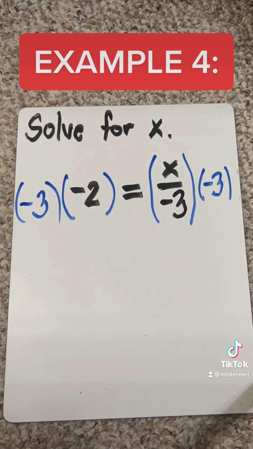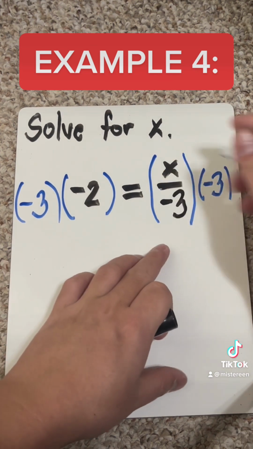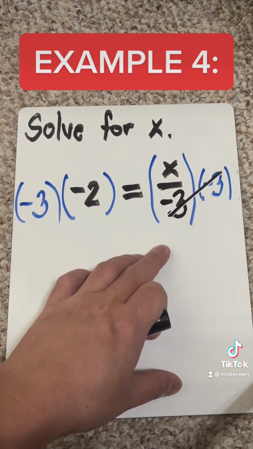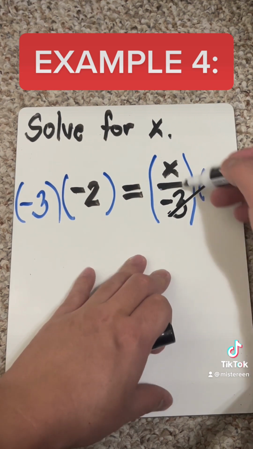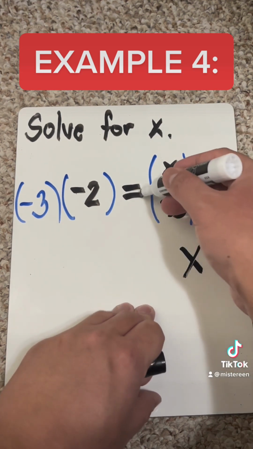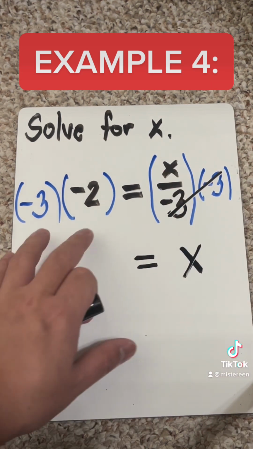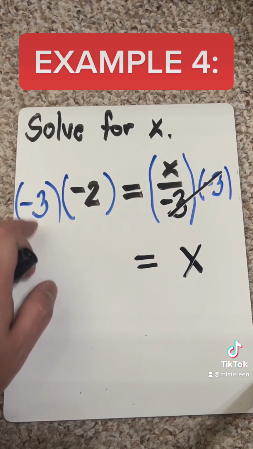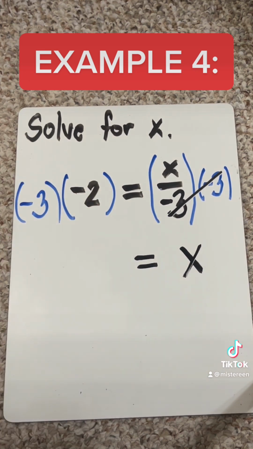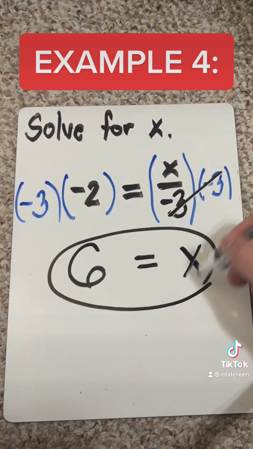Then we simplify each side of the equation. For the right side, the negative 3 will be equal to 1. It will be cancelled actually. Just write down x in here, and equals, also write it down. And here, it means negative 3 times negative 2. That gives you a positive 6. So now our x is positive 6.